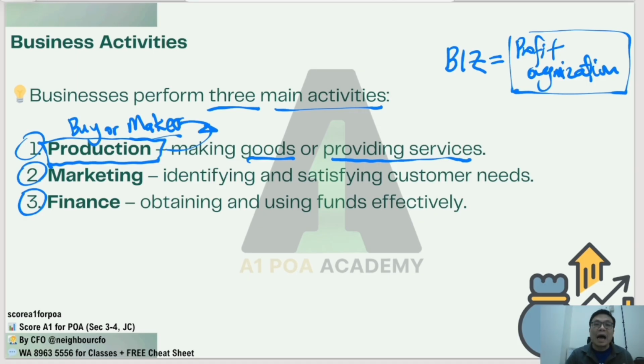Next, the challenge is how to push all this out to the end consumer, how to create awareness for them, right? They wouldn't even know you. They will only know you through your marketing effort, right? So this is where marketing activity comes into the picture, whereby you establish the sales funnel and the sales channel, so that you'll be able to identify and target your customer.